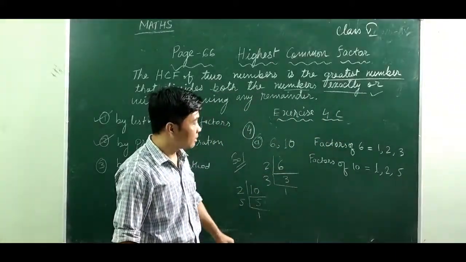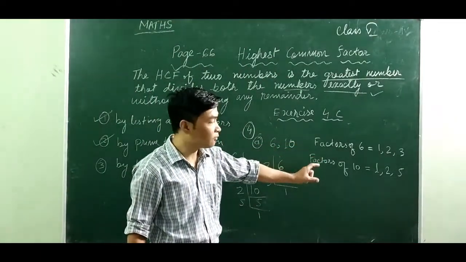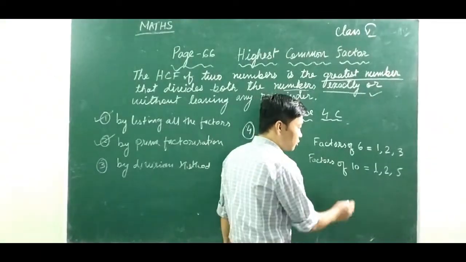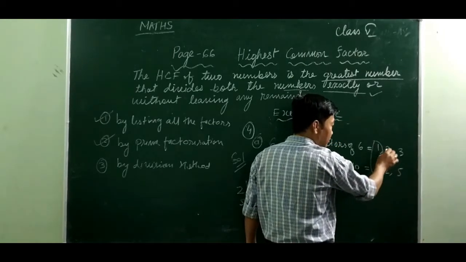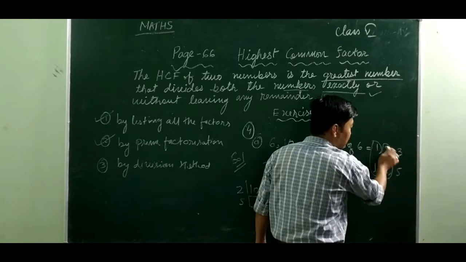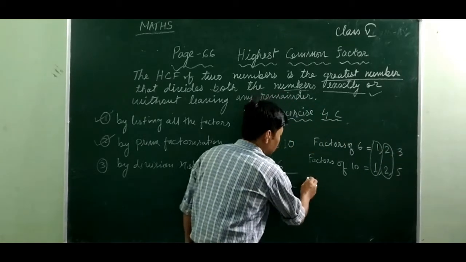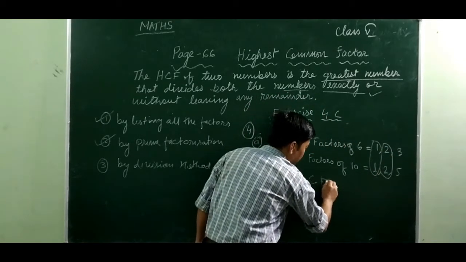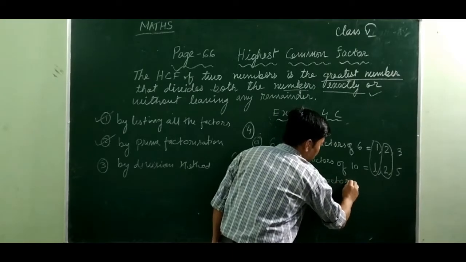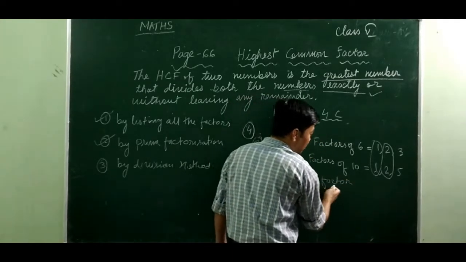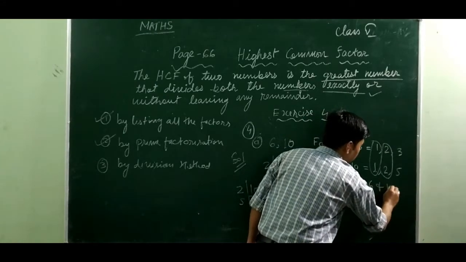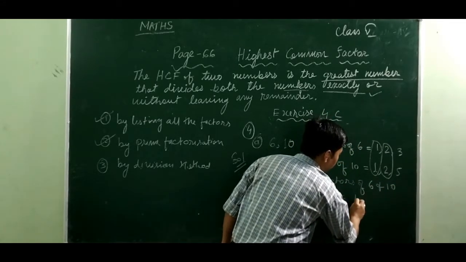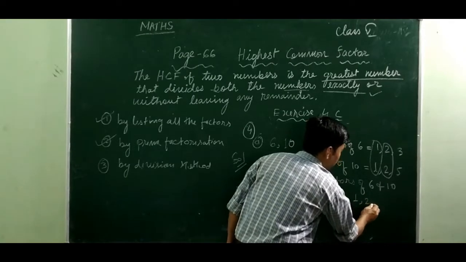The third step is you have to find out the common factors among all these factors. So 1 and 1 are common between these two numbers, and 2 and 2 are common, 5 and 3 are not common. So the common factors of 6 and 10 are 1 and 2.